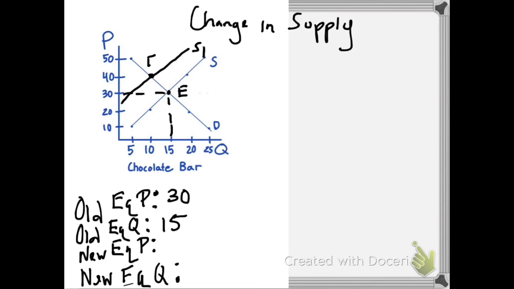This is the new one. This changes the equilibrium price to 40 and the quantity down to 10. And this concludes expected future prices.